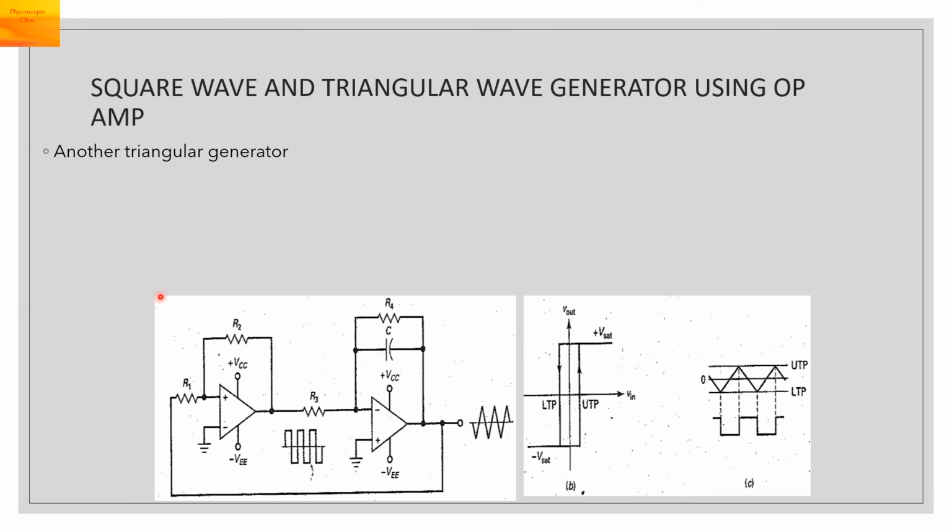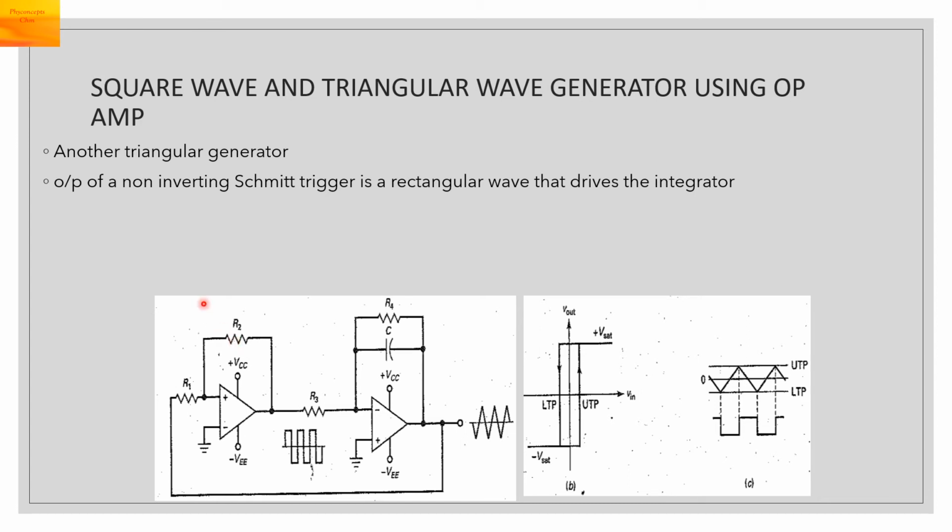Now we will see another triangular generator. Here, the output of the non-inverting Schmidt trigger, this is a non-inverting Schmidt trigger, is a rectangular wave. This also we had seen in the earlier video. And this rectangular wave is now the input to the integrator.